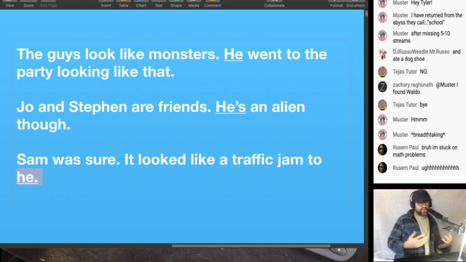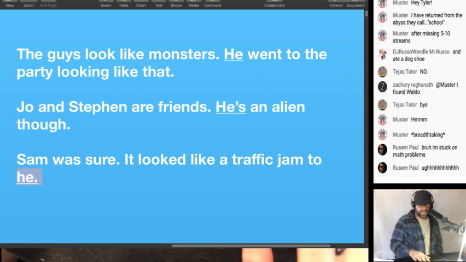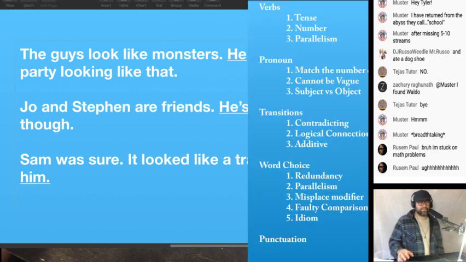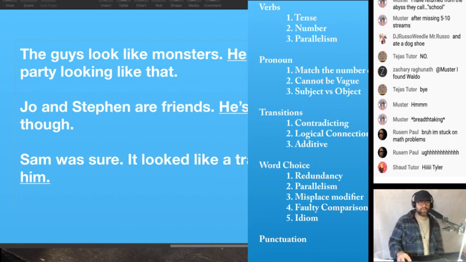That sounds right. Sam was sure it looked like a traffic jam to I. That's probably not right. So this he needs to be a him, and that would correct what's going on with that. So that is what is completely necessary for pronouns. Just those three things. If you can nail those three things, then you're going to be looking really, really good.